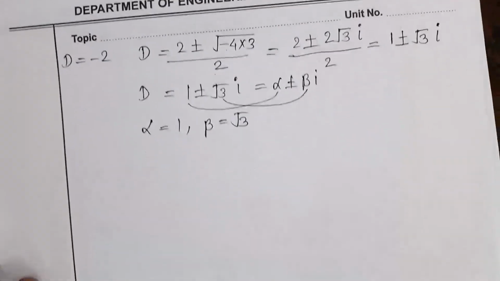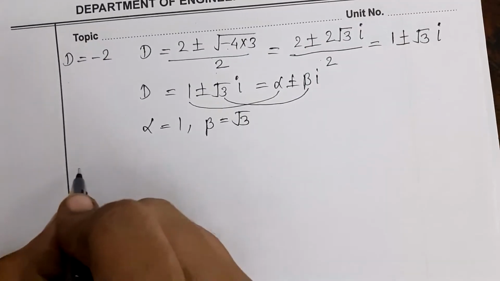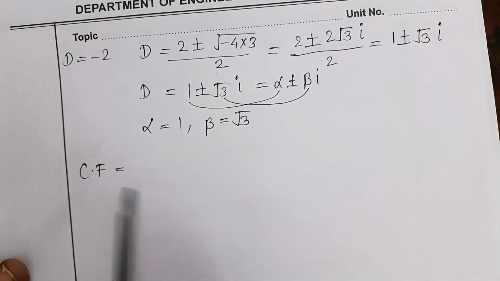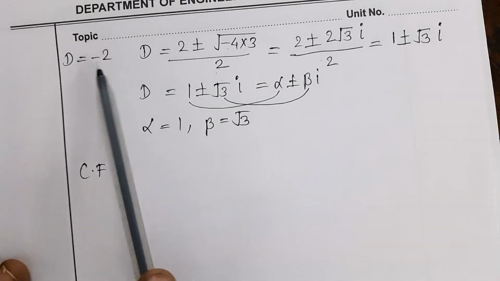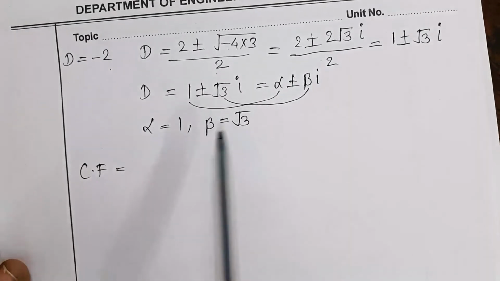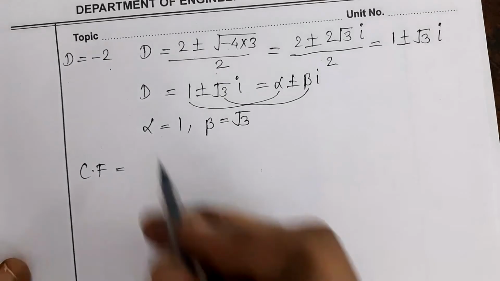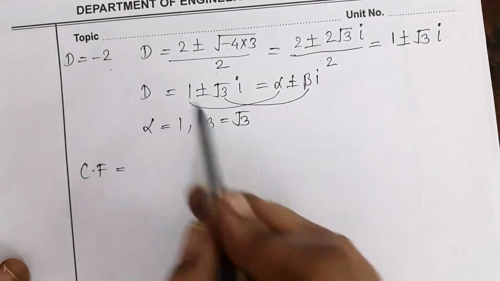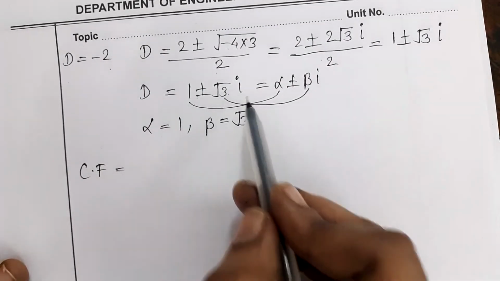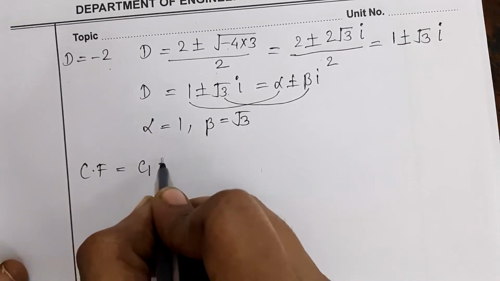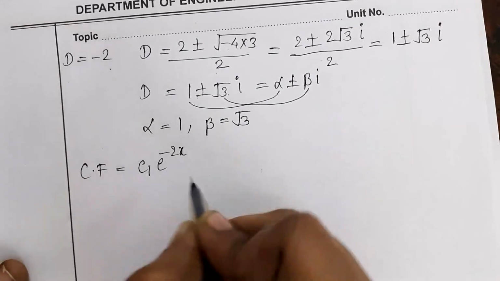Now substitute in the imaginary roots. So CF is equal to e to the power... Now we have three roots here. The first root is minus 2, and the other roots are 1 plus minus root 3i. So in total three roots we have: minus 2, 1 plus root 3i and 1 minus root 3i. The first root is real, so we write it as c1 e to the power m1 x.